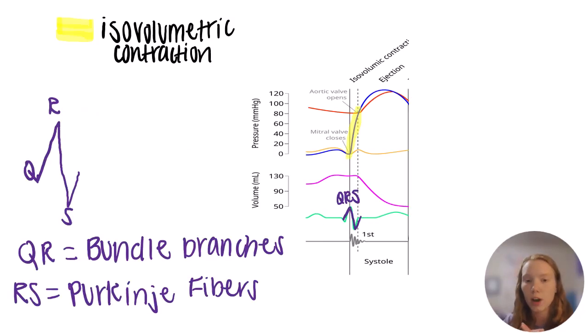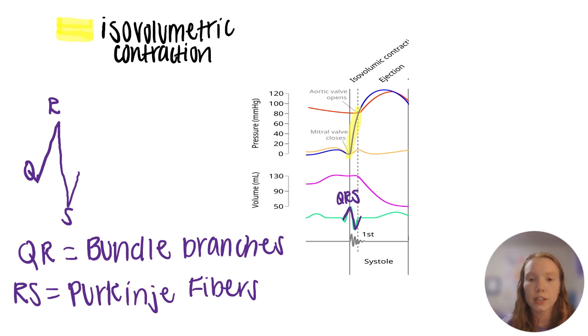Right now we're going to move on to our QRS complex and our isovolumetric contraction. Our QRS complex is where we have the ventricle depolarizing, and immediately following the depolarization, like I said before, we're going to have contraction.